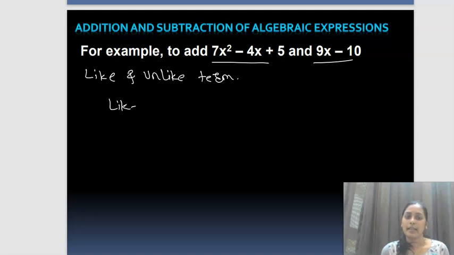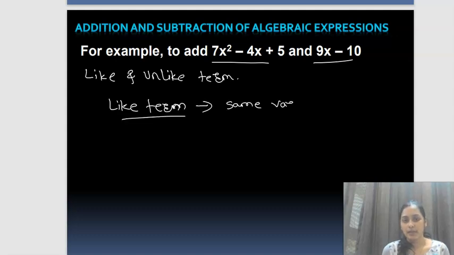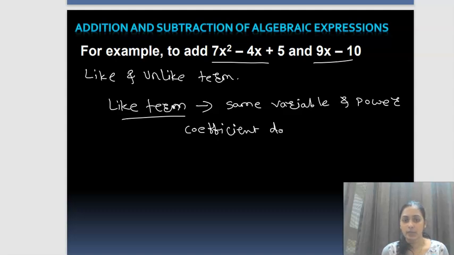What is meant by like terms? Like terms are terms that contain the same variable and power, and the coefficients do not need to match. That is called like terms.